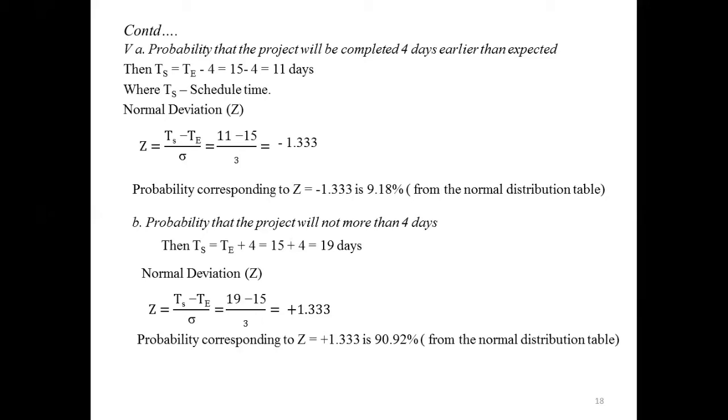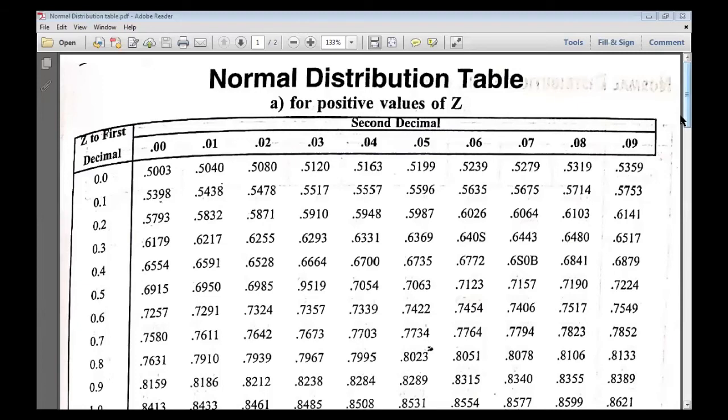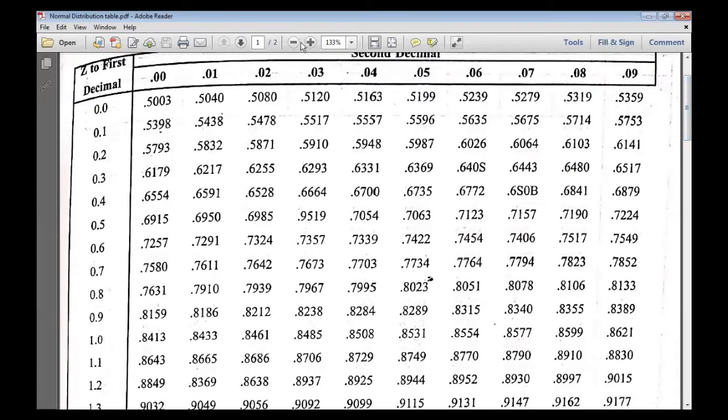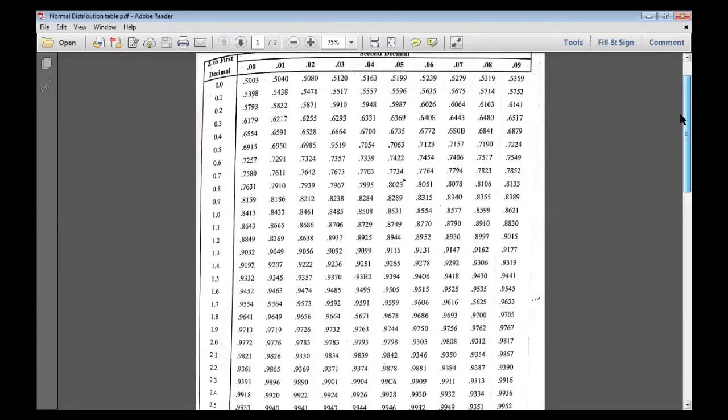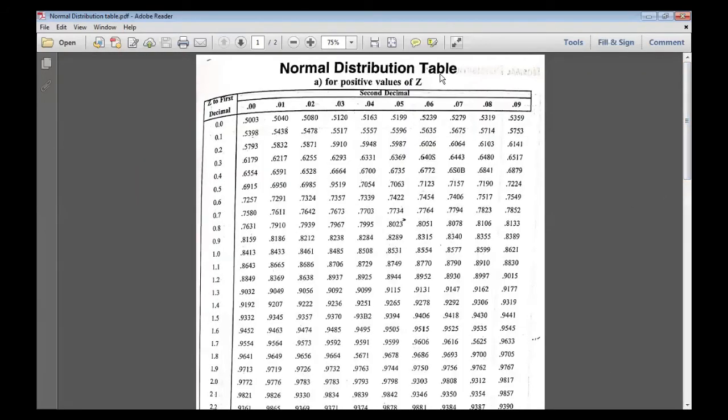This is the solution for the given problem. You got it as plus 1.33. If you look at this table, we call it a normal distribution table. It is for positive values of Z. This is the positive value of Z for first decimal. This is for second decimal.